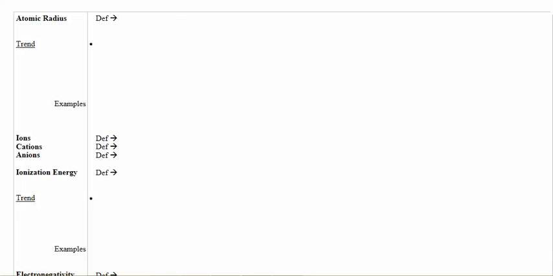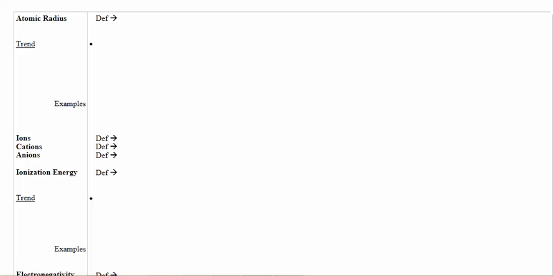So you also read about periodic law, and periodic law says that if you order elements by increasing atomic number, then they will have trends or patterns within each group and period. And that's what we're going to talk about today, those trends.